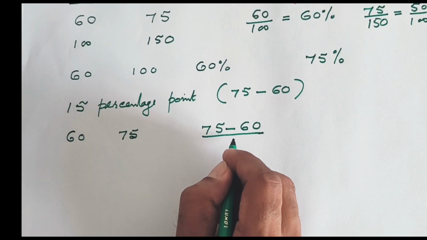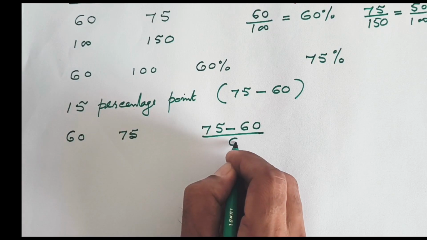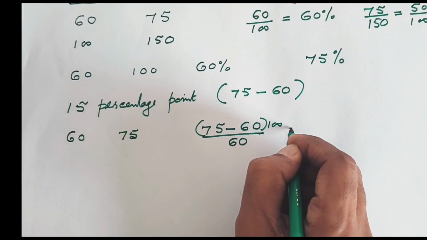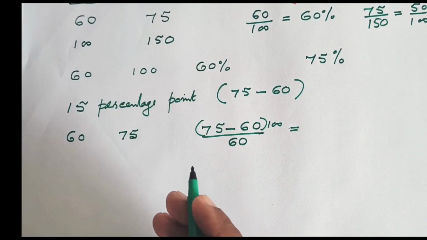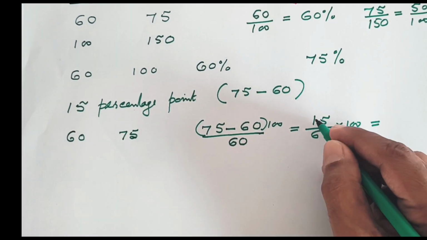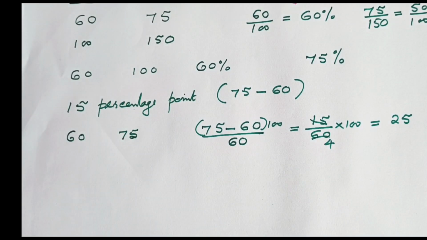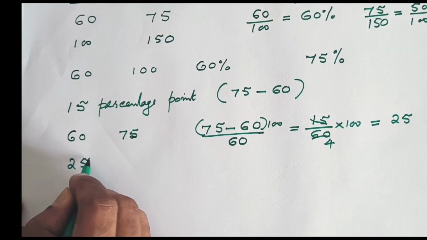This is calculated as a percentage of the original score or the base figure, which is 60. This is how you calculate the percentage improvement. And this works out how much? On simplification, you get 25. So we say that the percentage improvement is 25%.